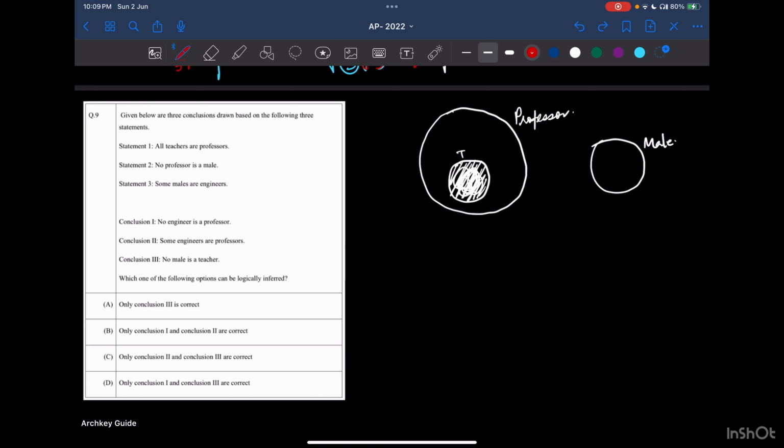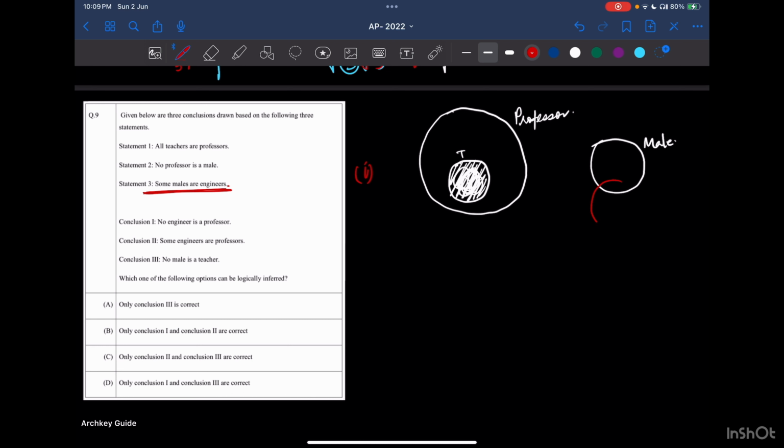Okay. Some males are engineers. So this is a very important statement in the question because they did not mention the relationship between the engineers and the professors. So it can be of two cases. Like case 1, some males are engineers.